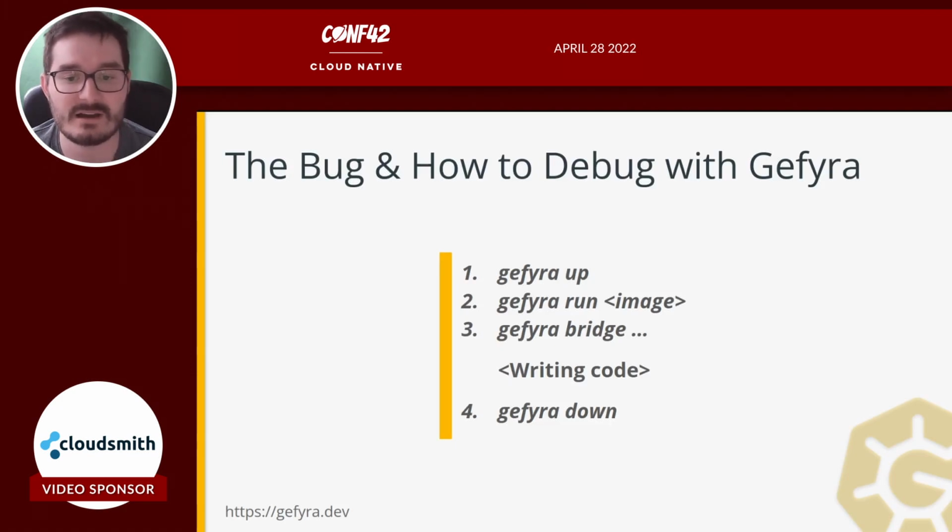You can run afterwards the bridge command, which intercepts an existing service and tunnels all the traffic hitting that particular container to your development instance. In this case, you may write code, fix bugs, or write new features. Once you're done, you can commit and push, and the CI/CD pipeline will take over. And from a developer's perspective, you're now able to run the Gefyra down command in order to tear the development infrastructure down.